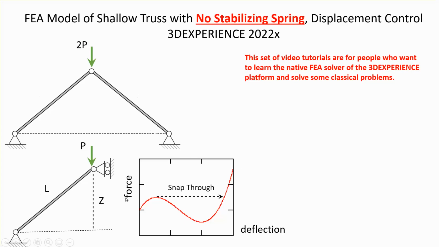As you start increasing the load, this thing goes down, but reaches a point where the software crashes. In reality, the reason is that at this point stability is lost, and that's why the software doesn't complete the job.